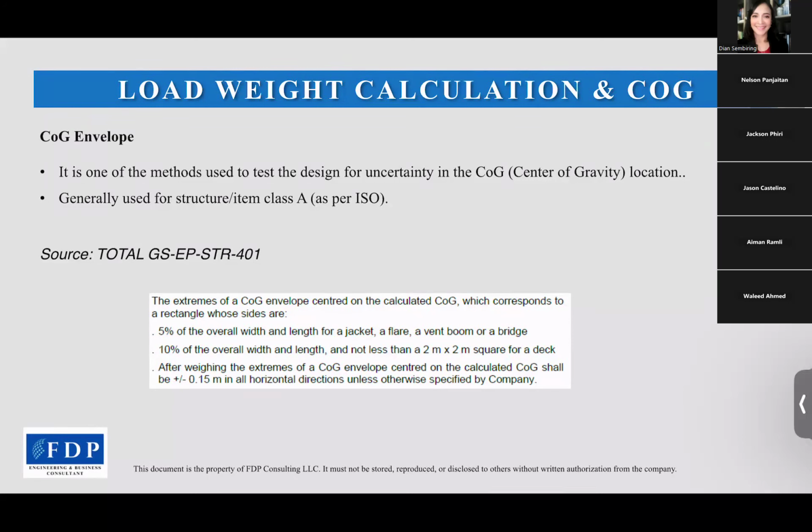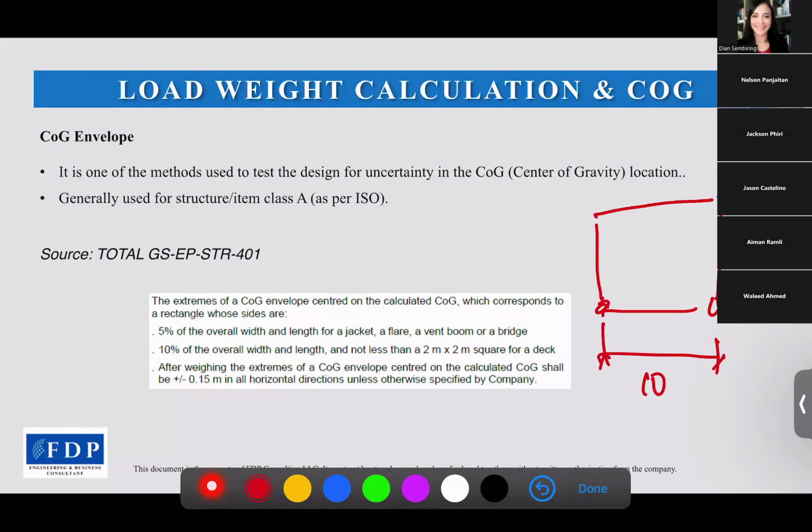So let's say we have a platform here, and it's 10 meters by 10 meters. And the COG is here. Let's say here is 7 meters, and this is 4 meters.